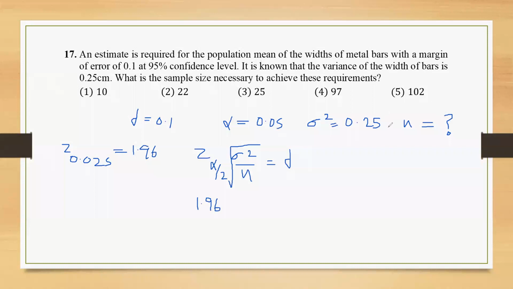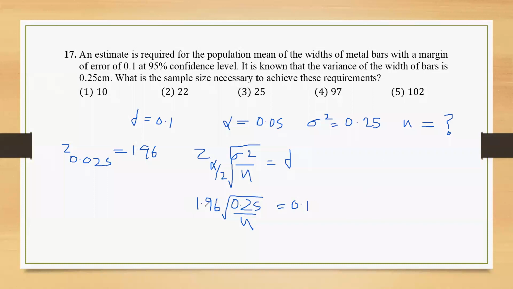So therefore you can plug that value to here as 1.96. Then sigma squared is 0.25 divided by simple n, square root of whole part. Then the value for d is 0.1. So now you need to apply a little bit of mathematics, right? So here you can square.